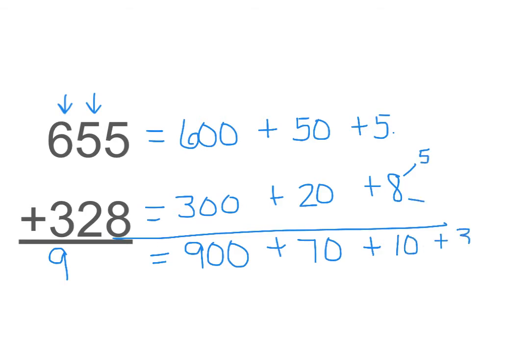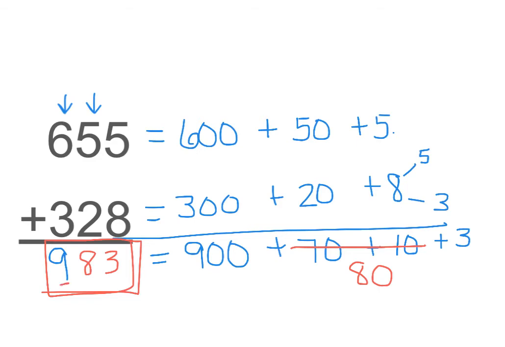And your leftover 3. Combine your like terms, which are in your tens column this time. 983. Notice we knew the 900. That just helps you be pretty sure you have the right answer.